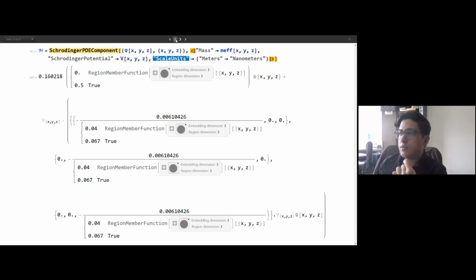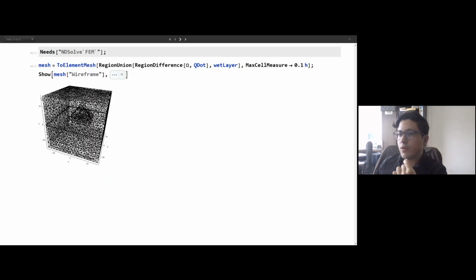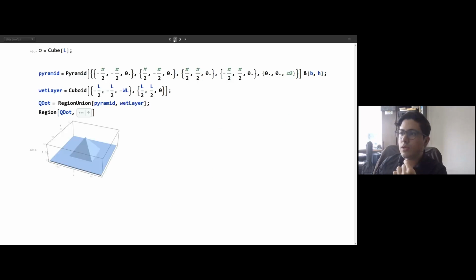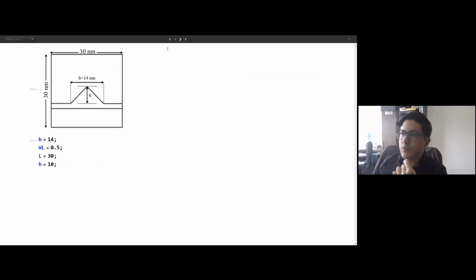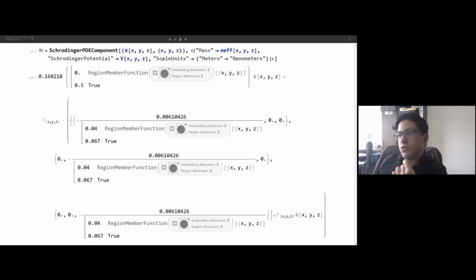If you take a look, we define the mesh in nanometers. All these dimensions are in nanometers, as you can see. But to make sense of that, what we tell the Schrödinger PDE component is, okay, take the meters in the SI base units and convert that and put nanometers. So all the units in this PDE operator make sense.